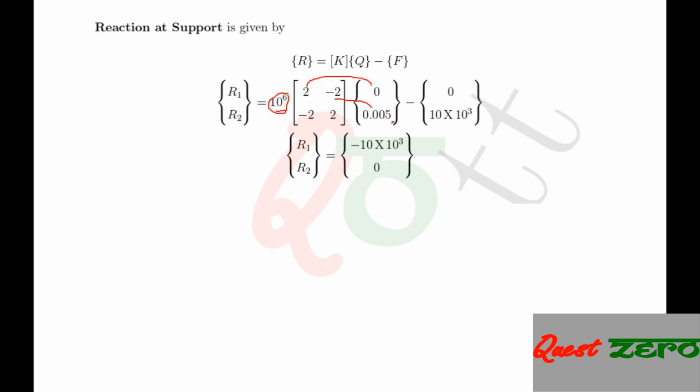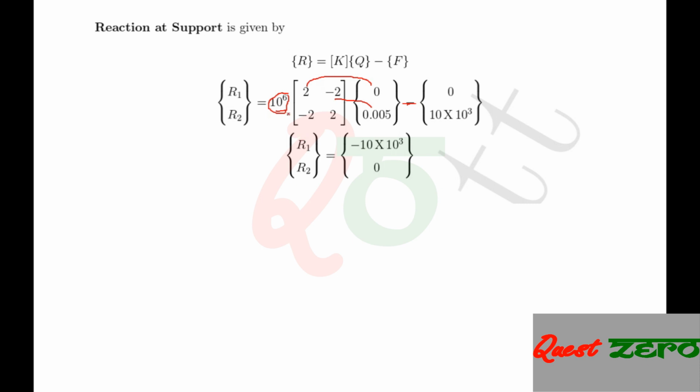Minus 0.01 into 10 to the power of 6 will give you 10,000, or 10 into 10 power 3 minus. So minus 10 into 10 power 3, minus 0. So that will be minus 10 into 10 power 3, whatever we have obtained.